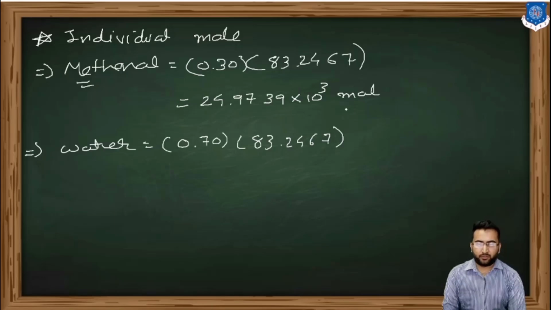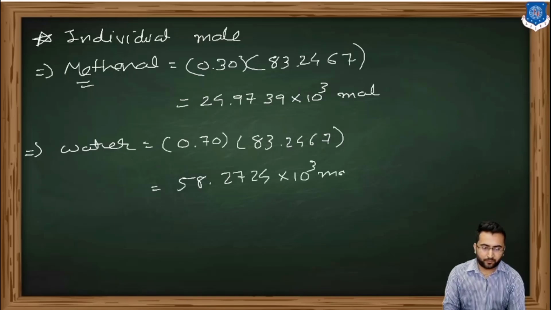If we calculate this term, we will get the answer, which becomes 58.2724 multiplied by 10 raised to 3 mole. Here the total mole is 83.2467 multiplied by 10 raised to 3, and similarly here 10 raised to 3. So if we do the calculation for both terms, we will get this answer.